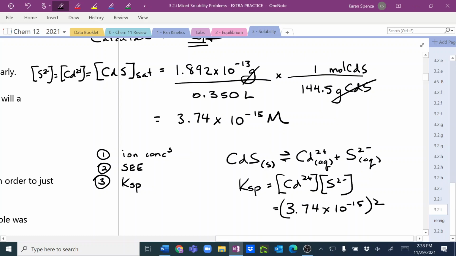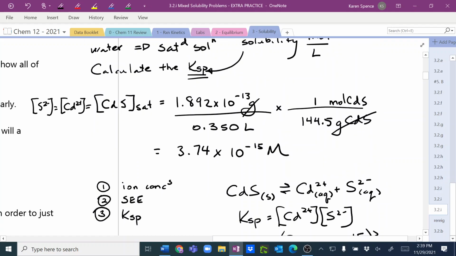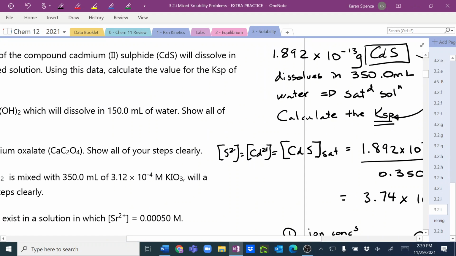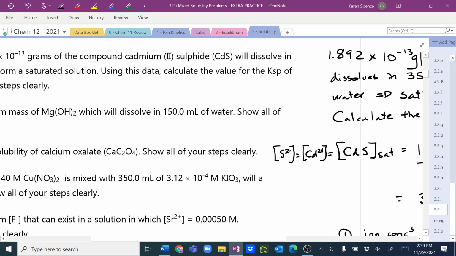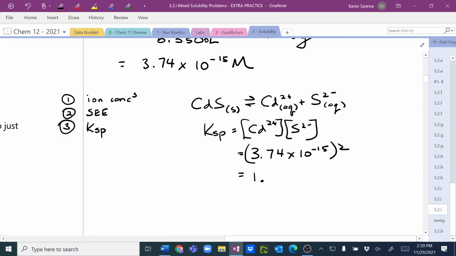And we get 1 point, how many sig figs? 3? Oh, 4 sig figs. 1.399 times 10 to the negative 29.